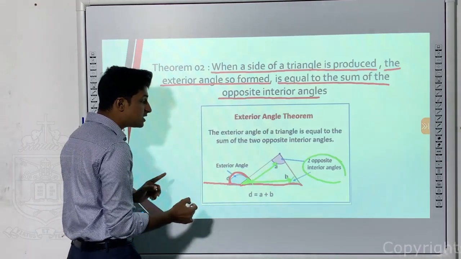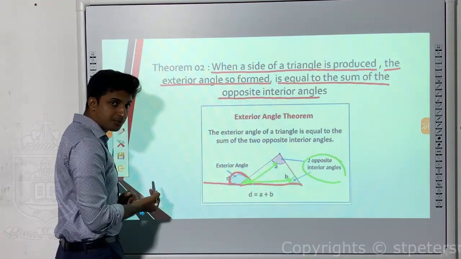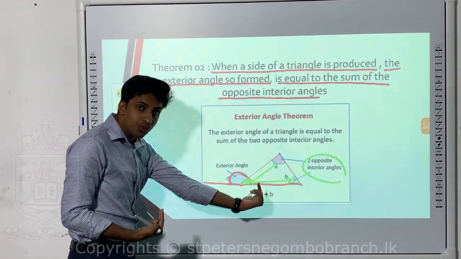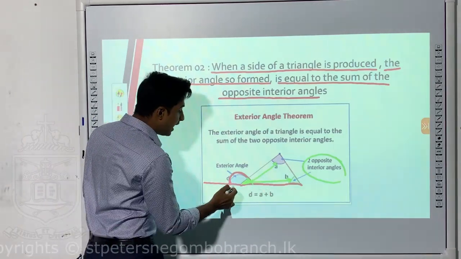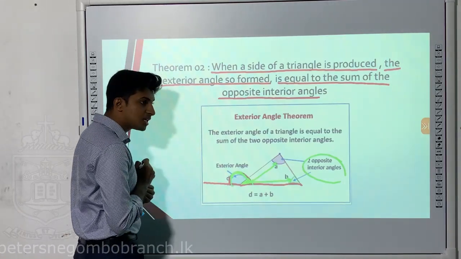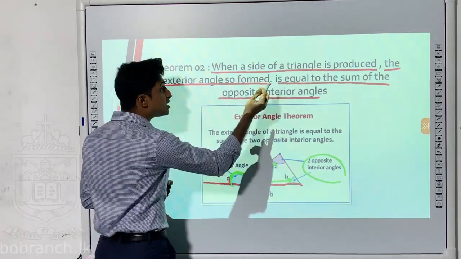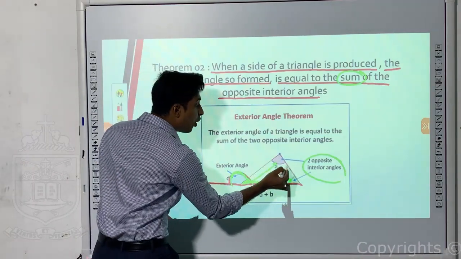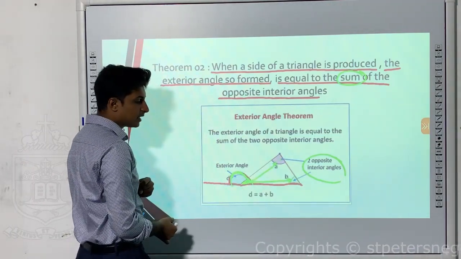So what they say is, when a side of a triangle is produced, in a triangle, when one side is produced, meaning you extend it, the angle formed outside is equal to the sum. Sum means the addition. It is equal to the addition of the opposite two angles, right?